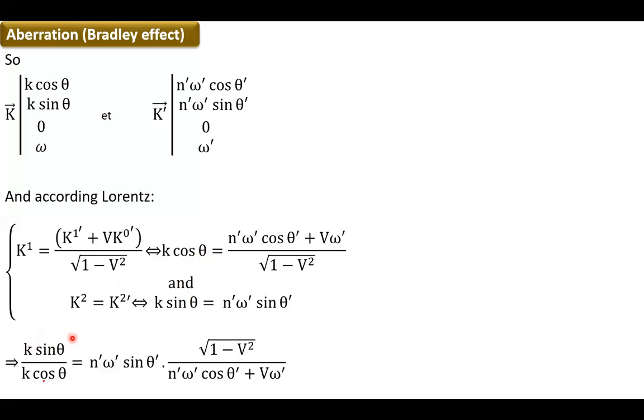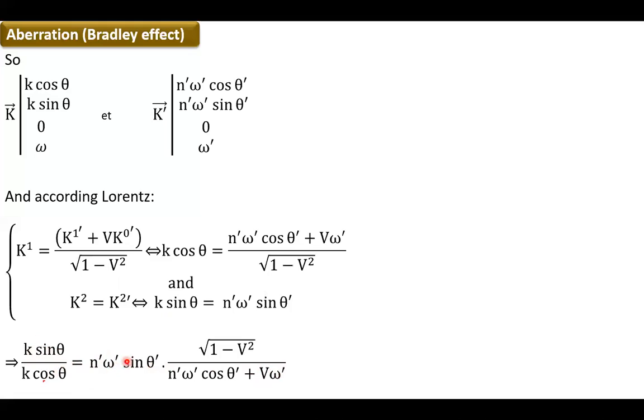So you have sine theta over cosine theta, which is equal to n prime omega prime sine theta prime divided by this quantity. So it is multiplied by the inverse of the quantity, radical 1 minus v squared over n prime omega prime cosine theta prime plus v omega prime. Okay, so your sine over cosine is tangent theta.